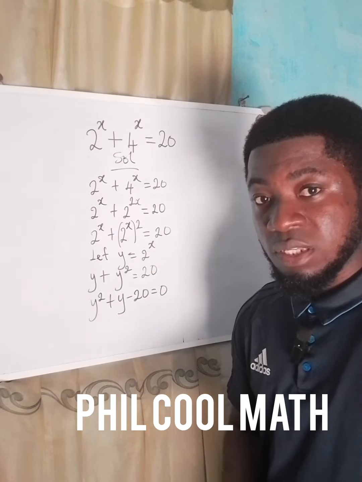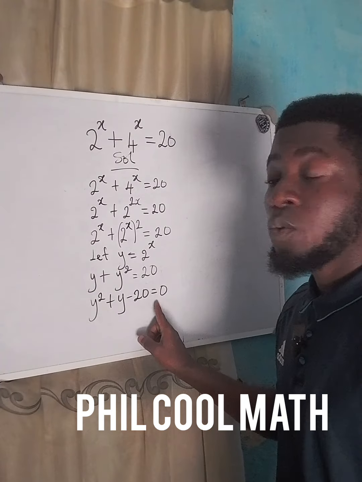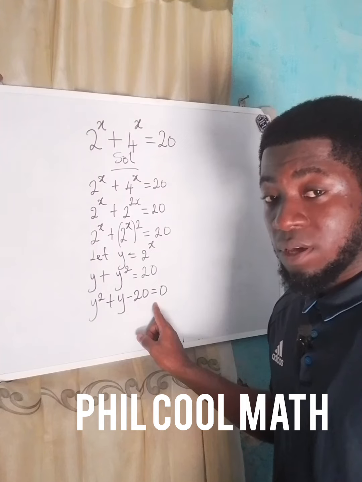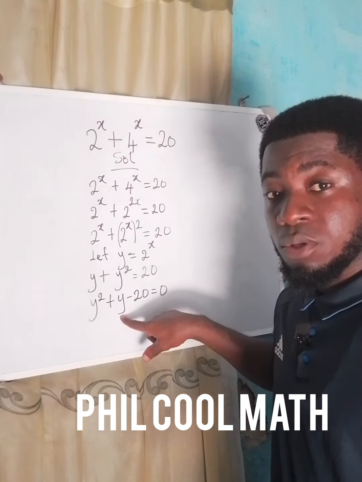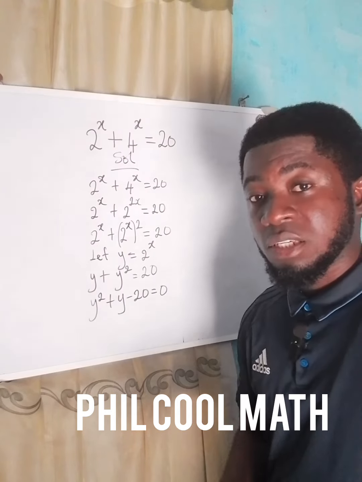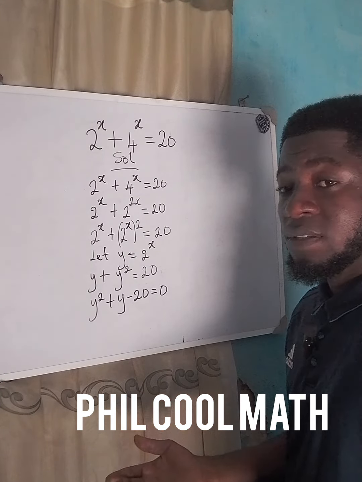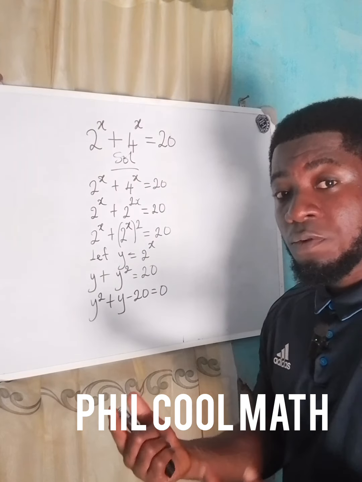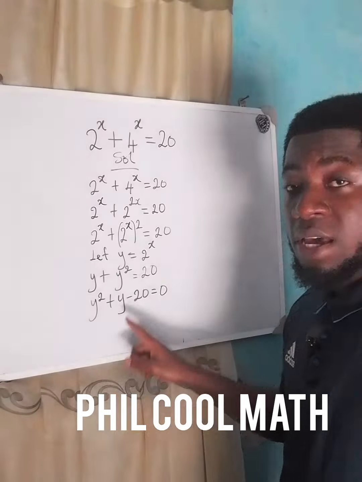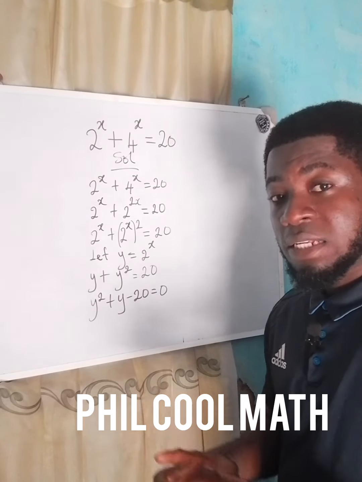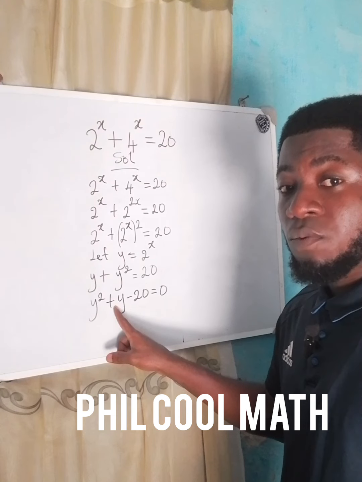So this is now a quadratic equation because of the power of 2 and the equality sign. Okay? And do not forget, there must be an unknown variable before it can be a quadratic equation. Now, to continue from here, we can factorize this. So to factorize, you look for two numbers you multiply to get minus 20, and then you will add both of them to get 1, because 1 is the coefficient of y.